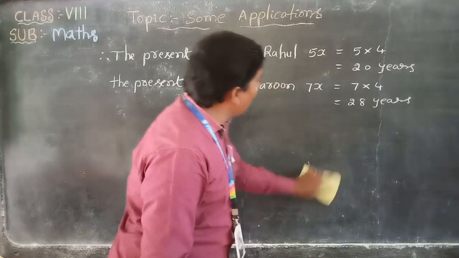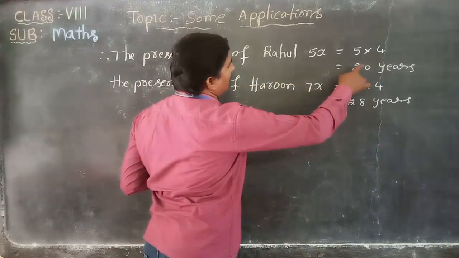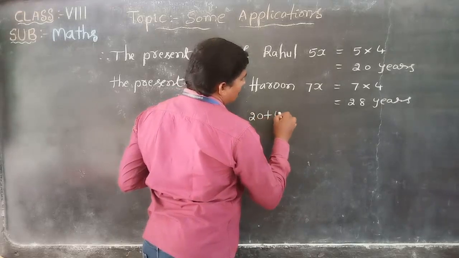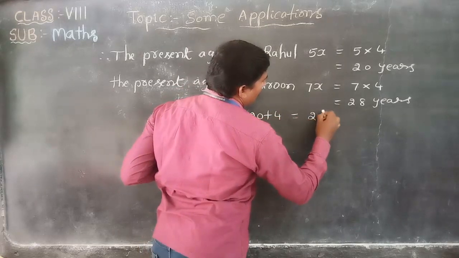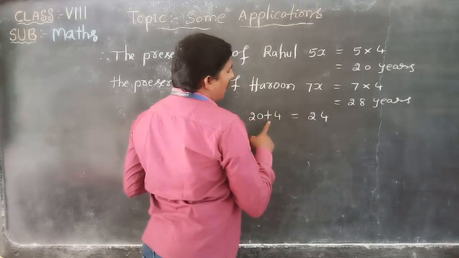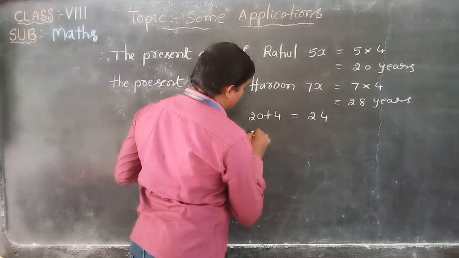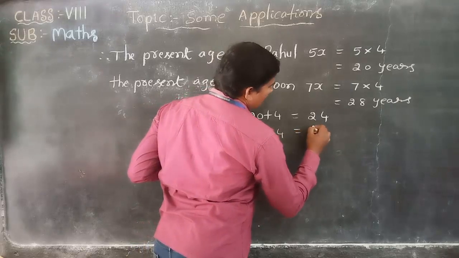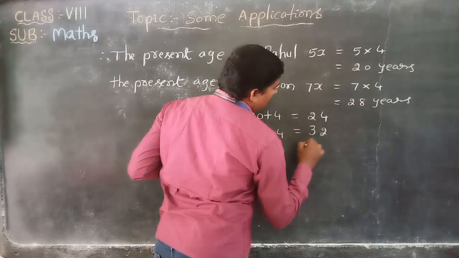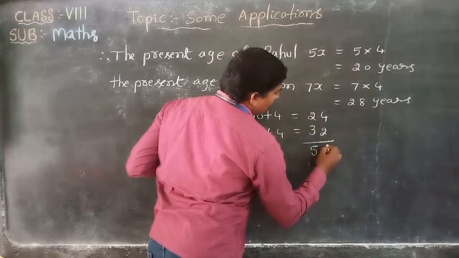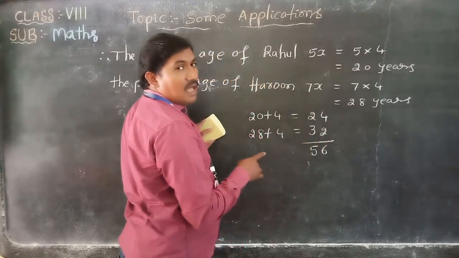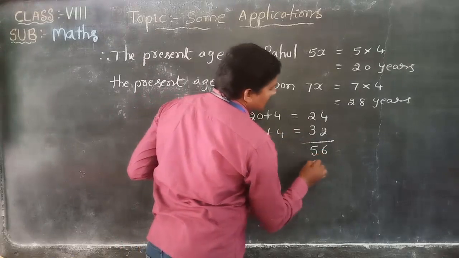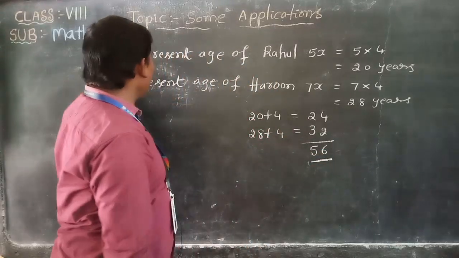So 4 plus 4. Here also 4. 20 plus 4, after 4 years means 24. This is Rahul. Arun is 28 plus 4, 32. Both adding means 56. In that problem they given, after 4 years their ages will be 56 years. Okay.